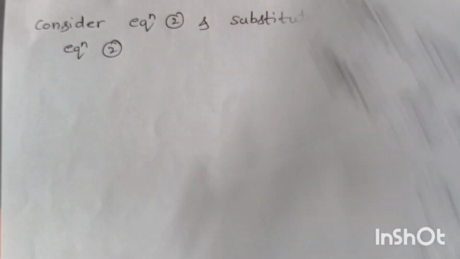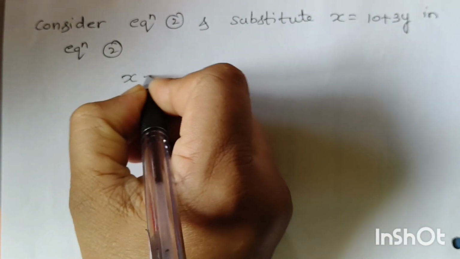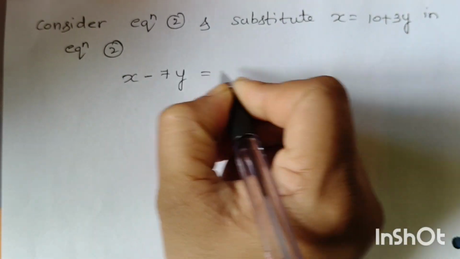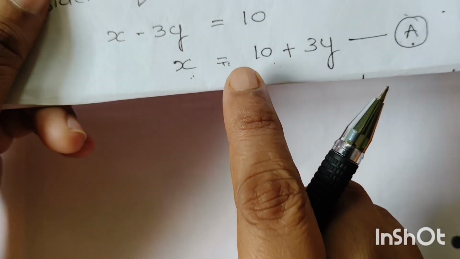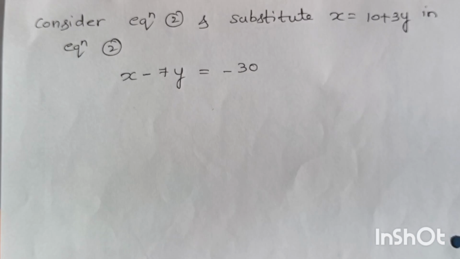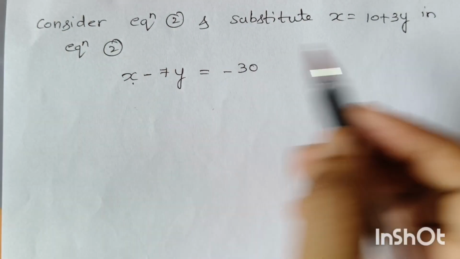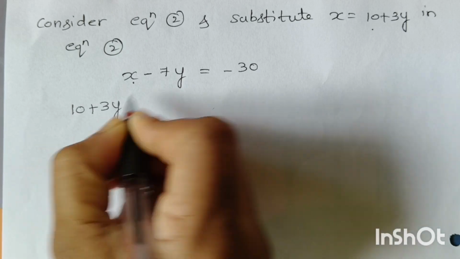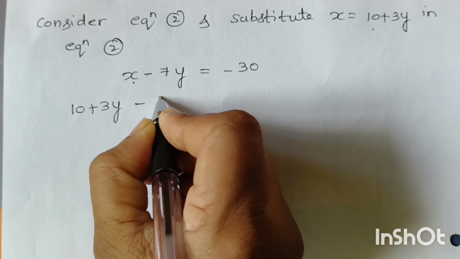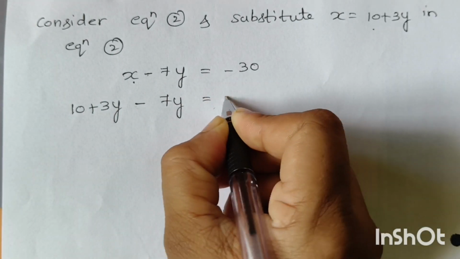Let me write x minus 7y is equal to minus 30 and we are substituting the value of x, that is in the place of x let us write 10 plus 3y. 10 plus 3y, for this minus let me write minus 7y is equal to minus 30.